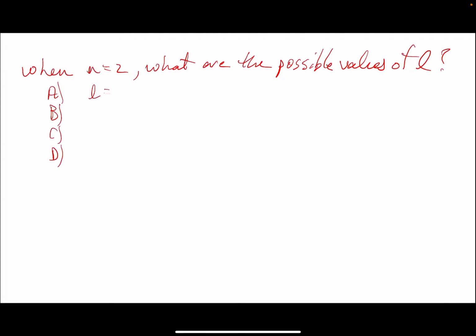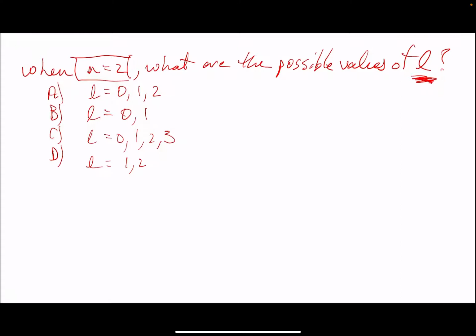We could have L as 0, 1, or 2 as a correct or incorrect answer to be decided by you. We could have another option that's 0 or 1, maybe another option that's 0, 1, 2, 3, or we could have L options that are only 1 and 2. So you should be able to use the rules on the previous slide about what we're allowed to do to determine possible L values based on an N value to help answer this question.